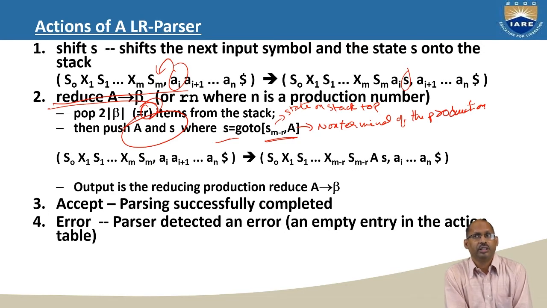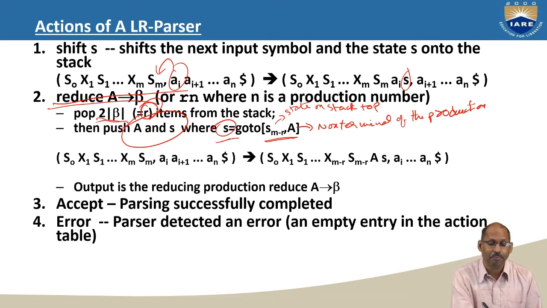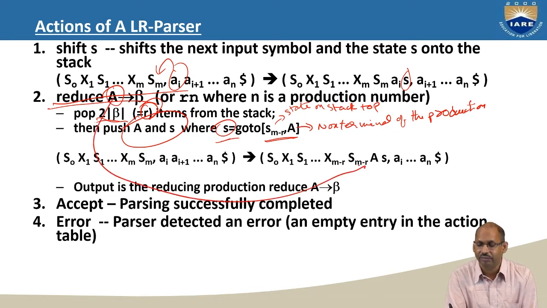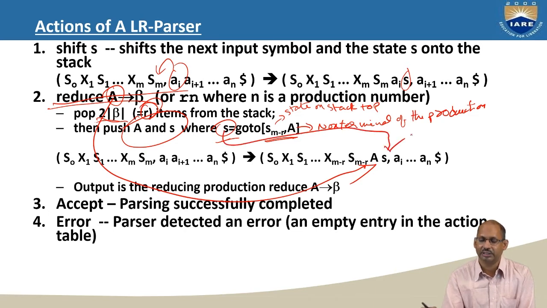Right? So the non-terminal of the production and the top of the stack state is referred to in the goto table, and a new state is formed. Here we have to pop double the length of beta, and we store this A into the stack, and this new state s.